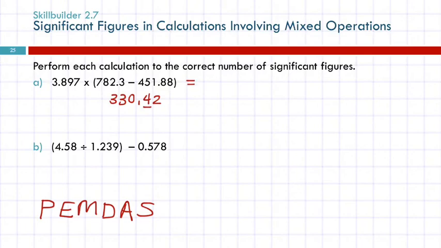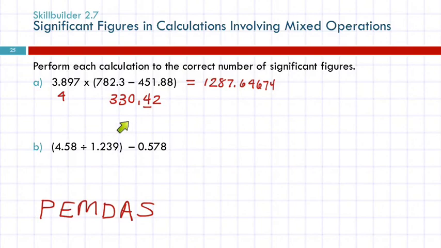So times 3.897. And my calculator gives me this big mass, 64674. So now we're going to look at, this is multiplying. We took this number and multiplied by this number. Well, now we're looking at number of significant figures. How many significant figures in 3.897? 4.